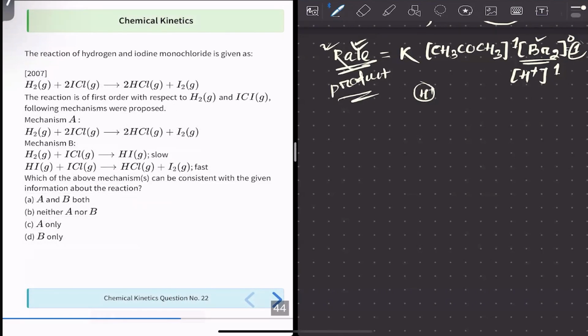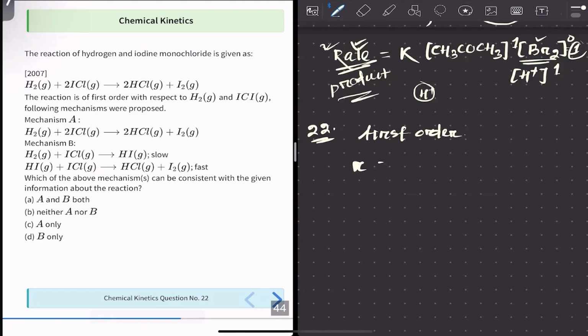Question number 20. The reaction of hydrogen and iodine monochloride is given as hydrogen plus iodine chloride gives rise to 2 hydrogen chloride plus iodine. The reaction is of first order with respect to hydrogen and iodine monochloride. Both iodine monochloride and hydrogen have superscript of 1 according to this rate law.